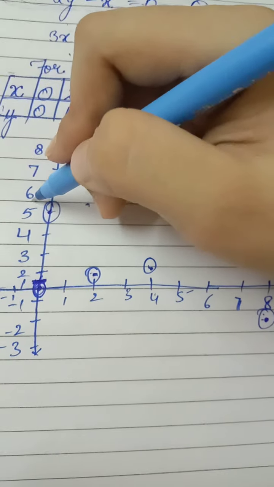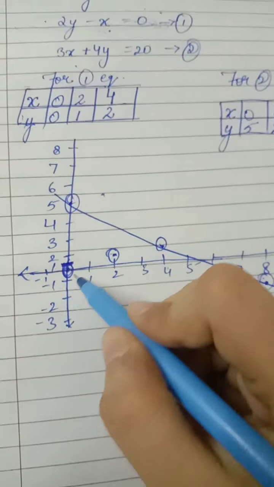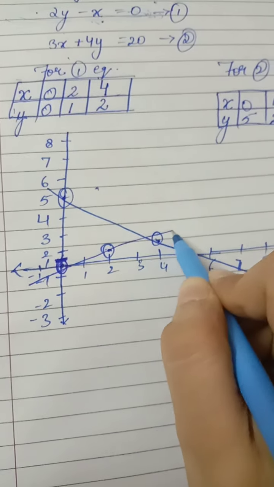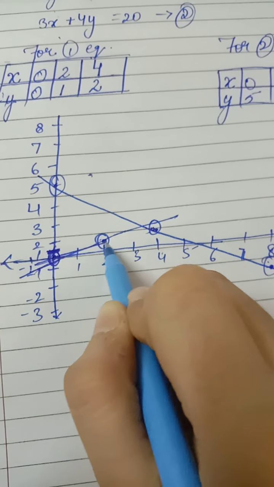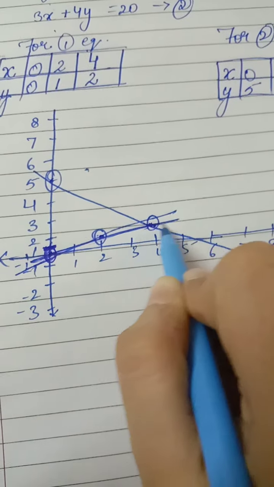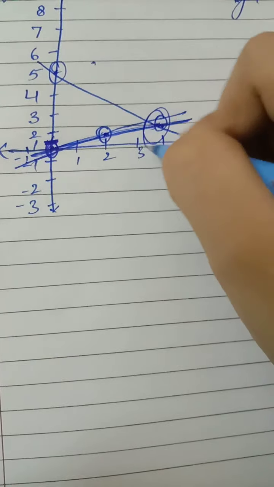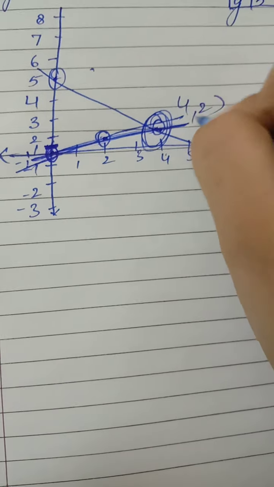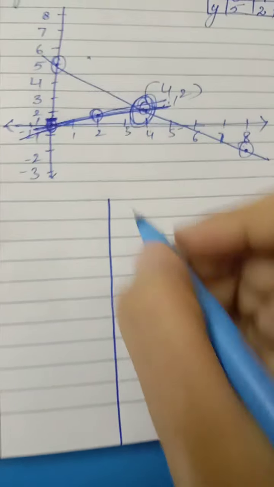So when we make the lines, we can see that the lines will meet at a point. This is 4, 2.